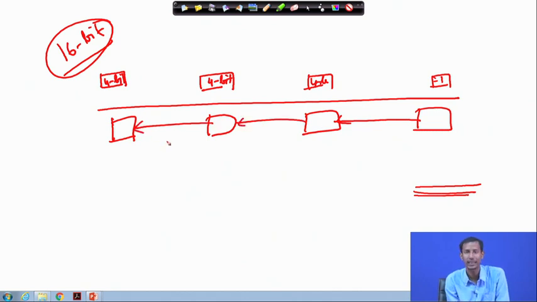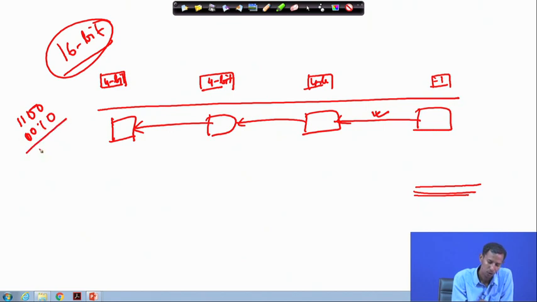This is nothing but a ripple carry adder. Now, based on this, if I want to add this particular value, suppose 1 0, in one case my carry input bit is 0 and in the other case my carry input bit is 1.